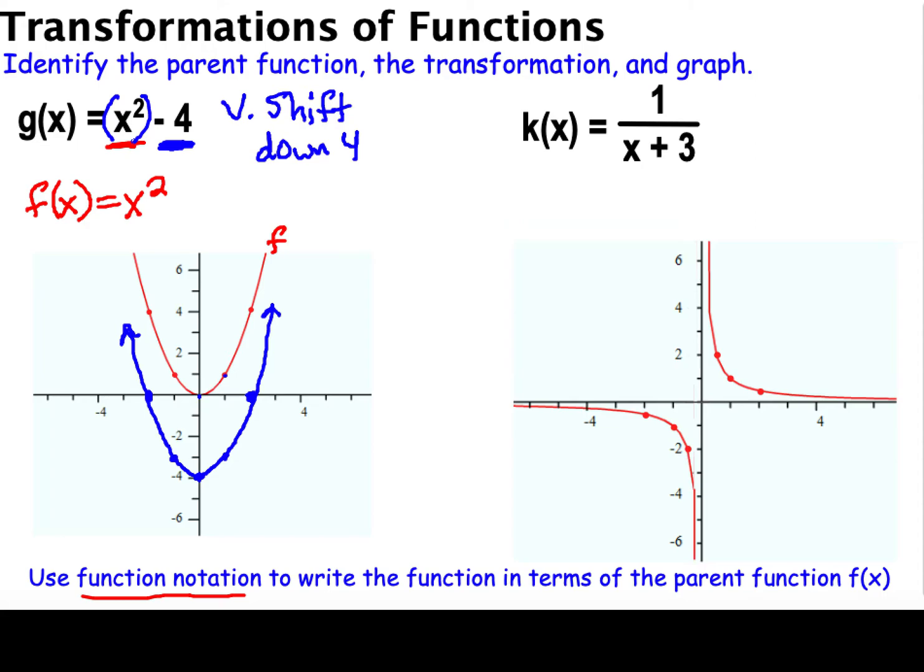Now, the last part of this, as I mentioned, is really just to write this in function notation, because f of x is x squared, and g of x is x squared minus 4, or essentially f of x minus 4, then what we can say is that g of x is equal to f of x, right, my original red parabola, minus 4. That's all there really is to writing it in terms of f of x, or in function notation, in terms of my parent function.